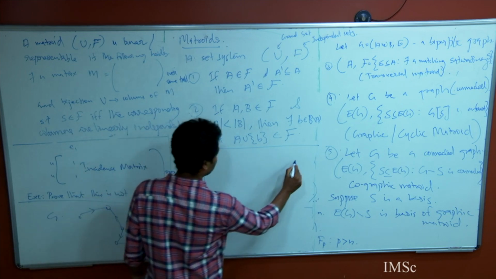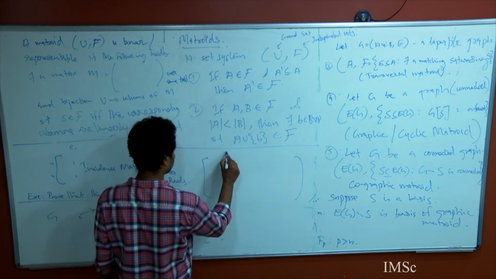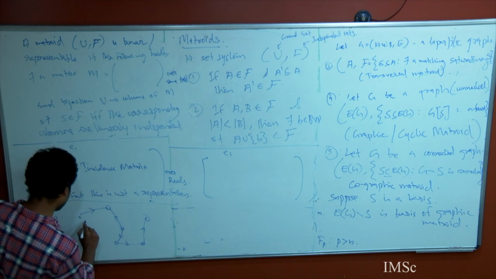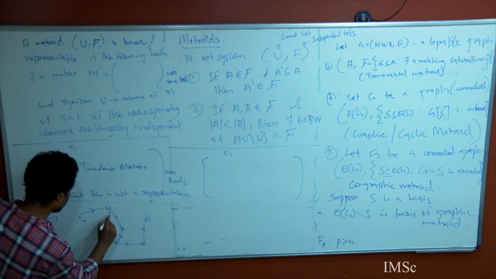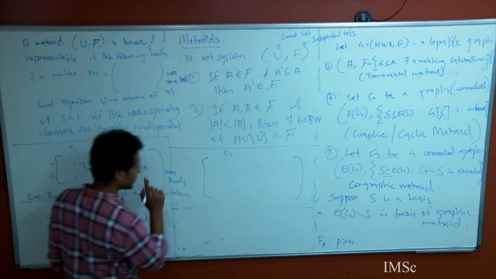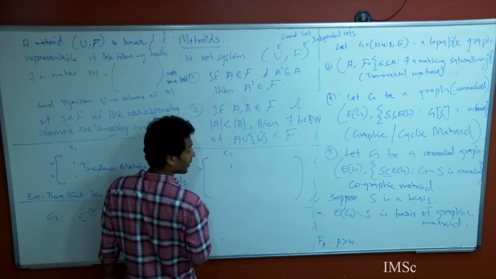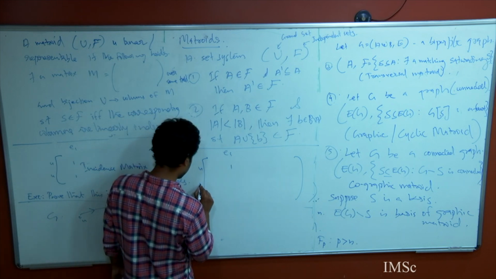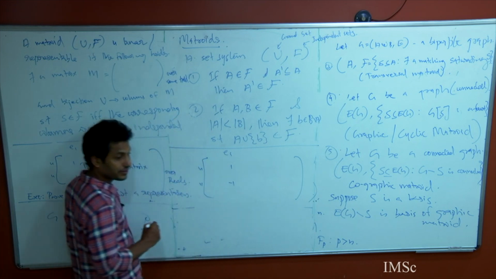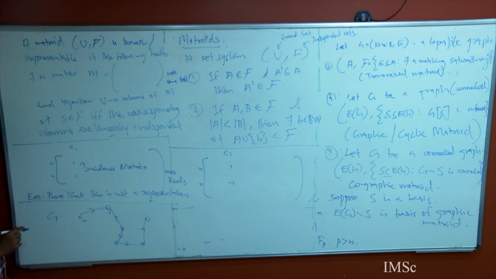Now you take the incidence matrix where, suppose edge Ei is between U and V, from U to V. Okay, we will prove that this is a representation.